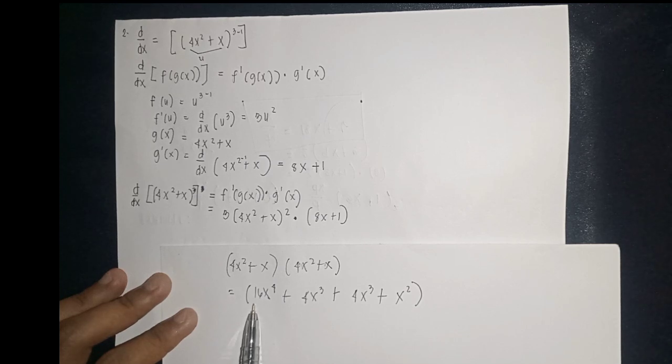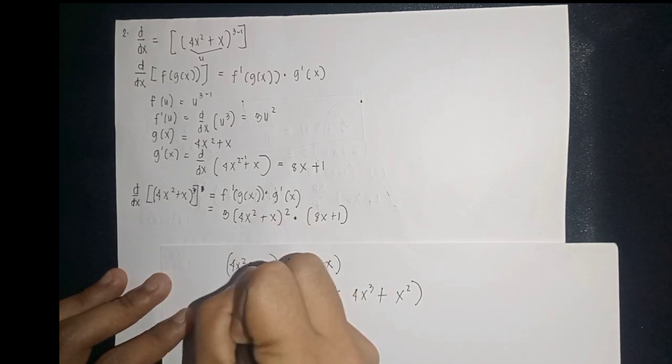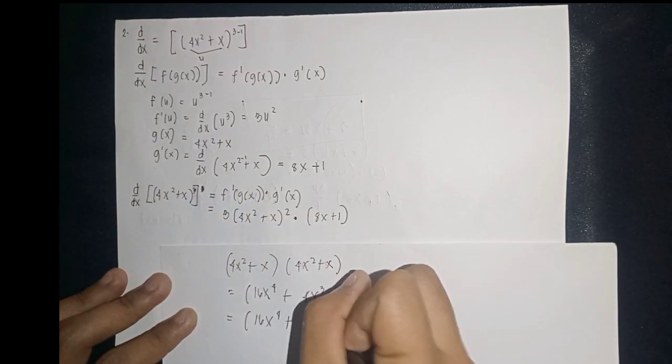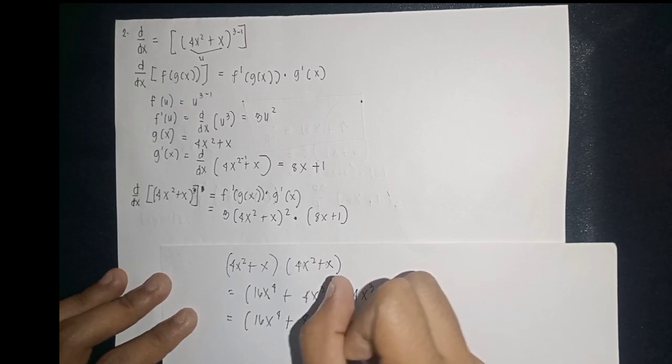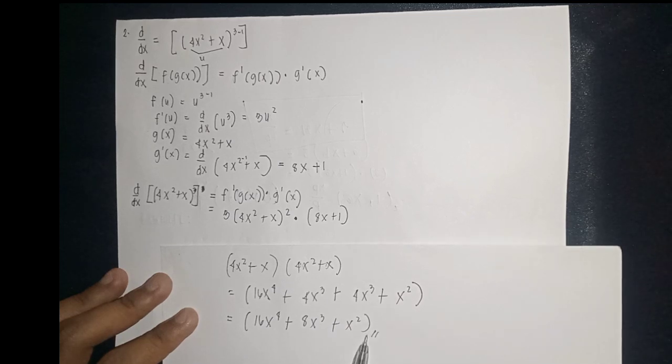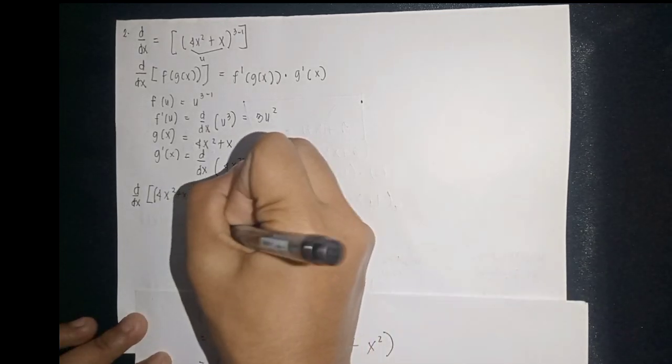So after that, we notice that we have the same variables and numbers. So 16x raised to 4 plus 8x cubed, because we added the 2, which is 4x cubed plus 4x cubed. So 8x cubed plus x squared.